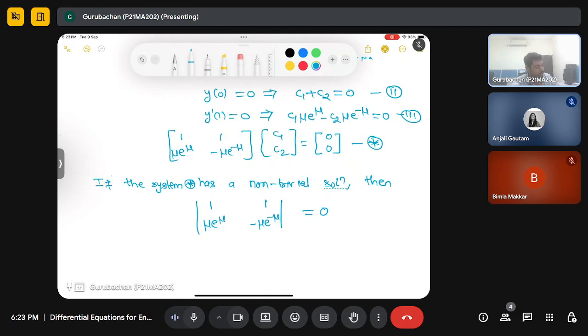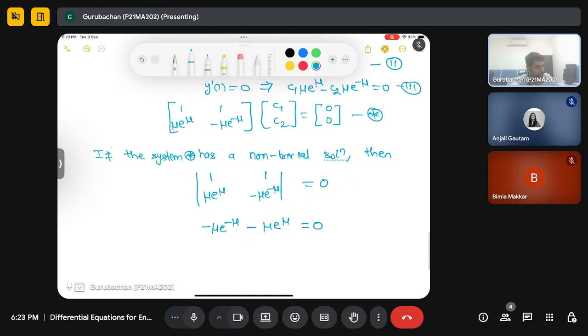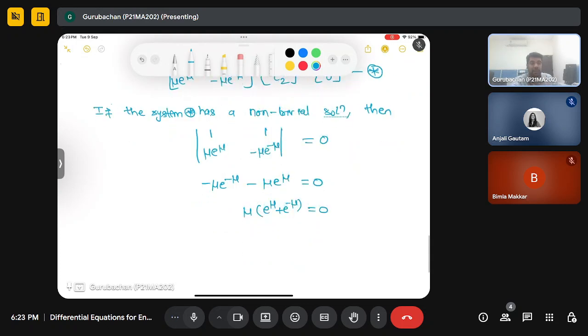Its determinant will be minus e to the power minus mu minus mu e to the power mu. We are saying that this should be 0. That means mu e to the power mu plus e to the power minus mu is 0. But for any mu greater than 0, this is a contradiction.